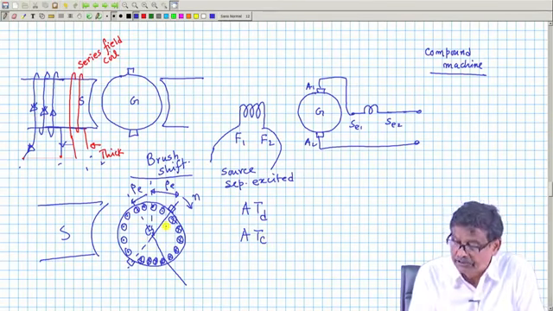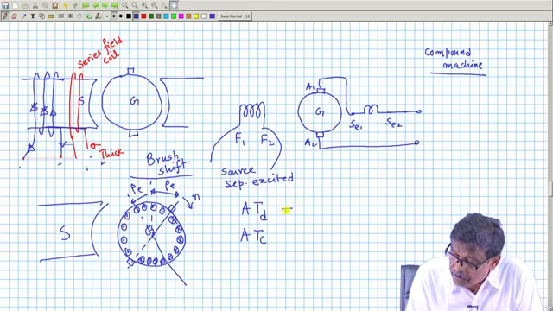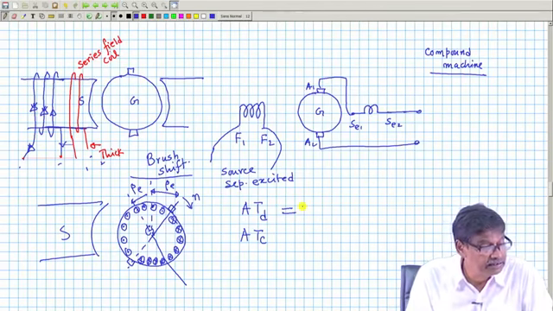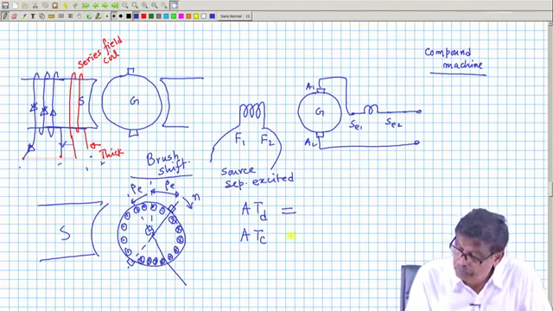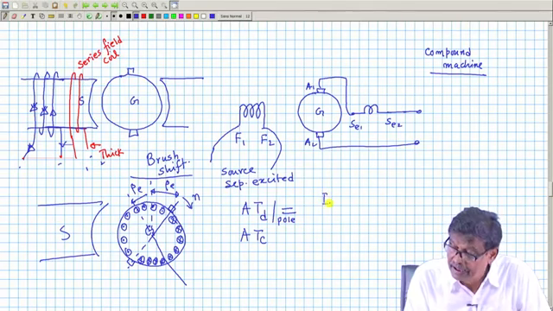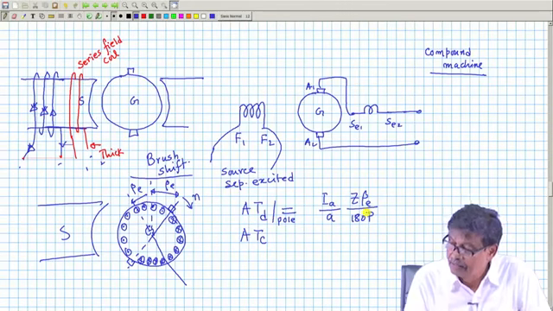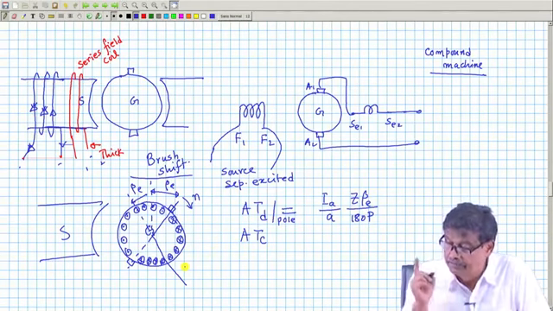If you give a brush shift, the demagnetizing ampere turns straight away come, and this formula we have derived as ATD per pole as I A, that is what we did a little earlier, I A by A, Z beta E by 180 P, where beta E is in electrical degrees, mind you.